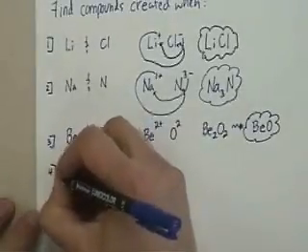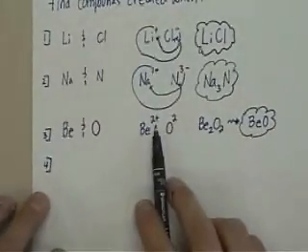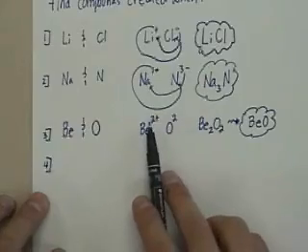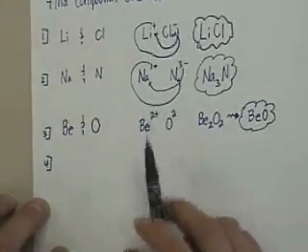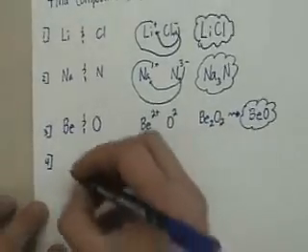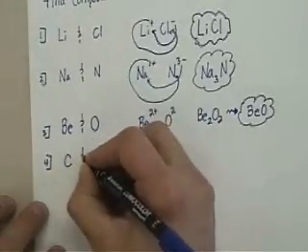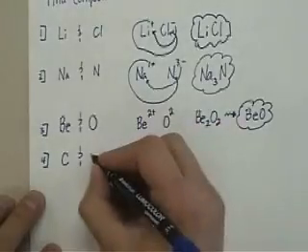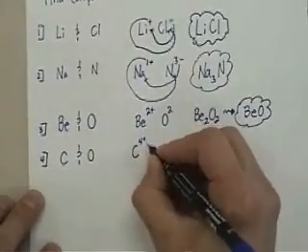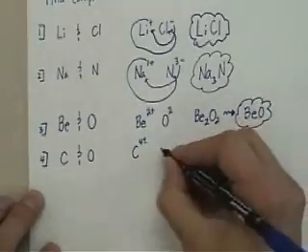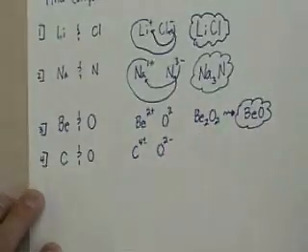Okay? Let's look at another example. Let's do one that instead of factoring out just with the same number, like if we had 3's and 3's, the 3's would go away, we're going to get 4's and 2's. So let's go carbon and oxygen. Carbon is 4 pluses or minuses. Oxygen is two minuses.